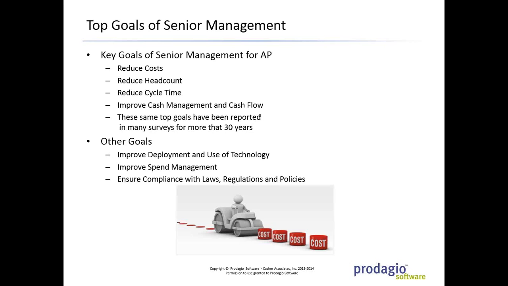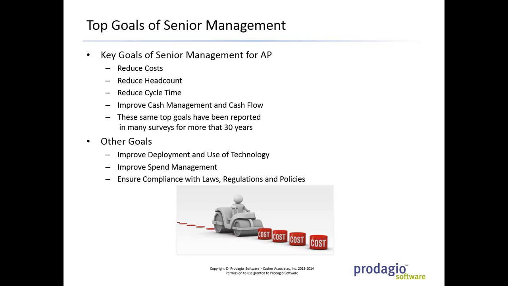From the perspective of the CEO, the CFO, the president, senior management, over the 30 or more years, these goals have really been very much the same. The top goal for senior management for accounts payable has always been, please do it for less.